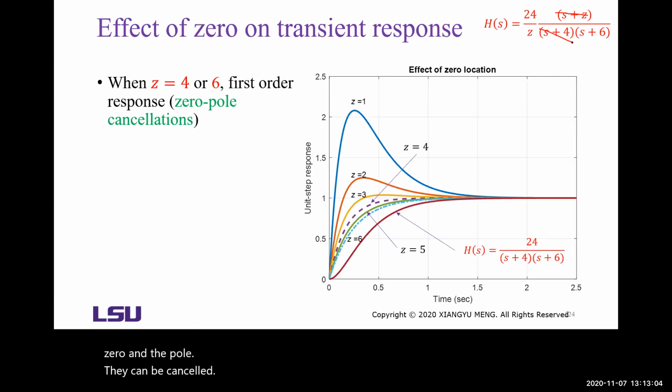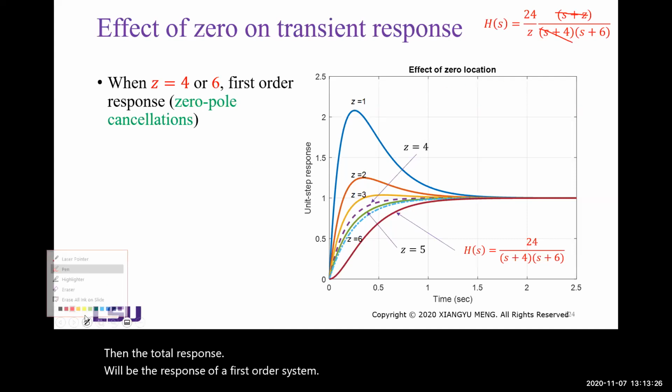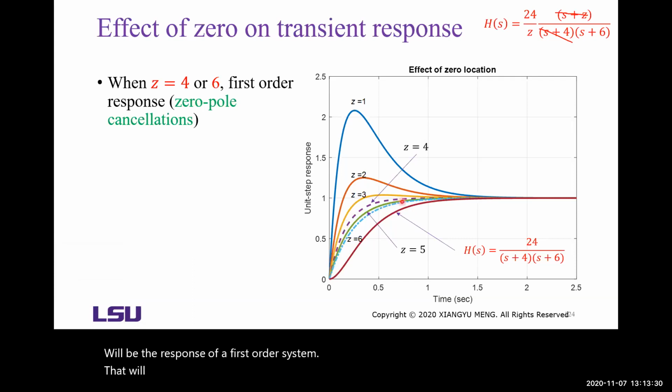That means the mode minus 4 is absent from the output. Then the total response will be the response of a first order system. That will be the dashed line here.